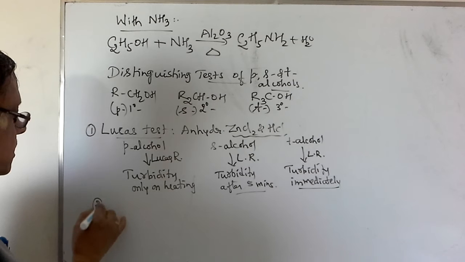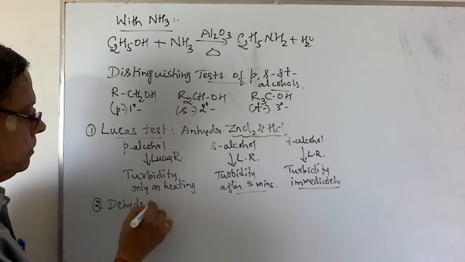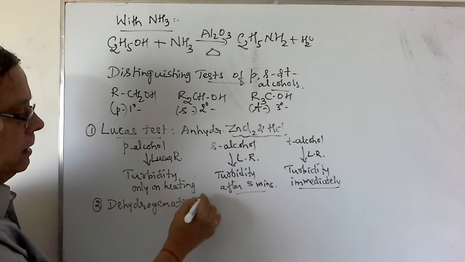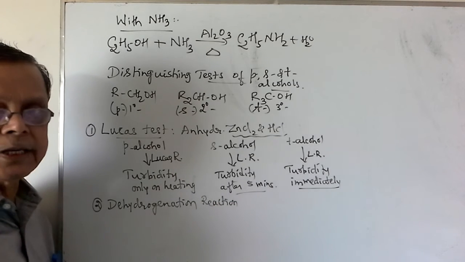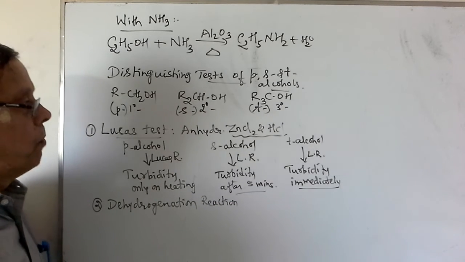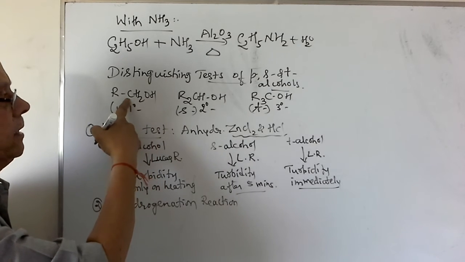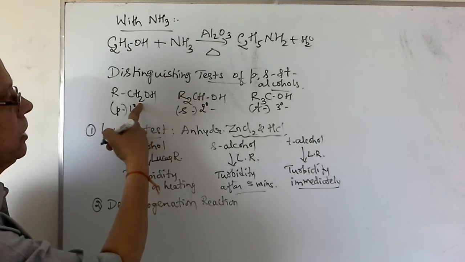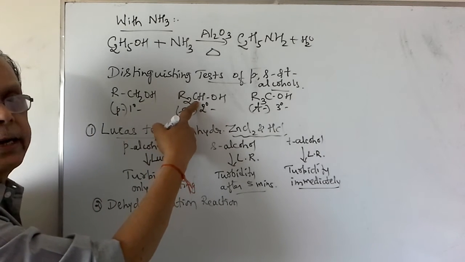The second one is the dehydrogenation reaction. Dehydrogenation is elimination of a hydrogen molecule, one hydrogen from the OH group and another from the carbon atom. We know that primary alcohols contain 2 hydrogen atoms on this carbon, while secondary alcohols contain only 1 hydrogen.